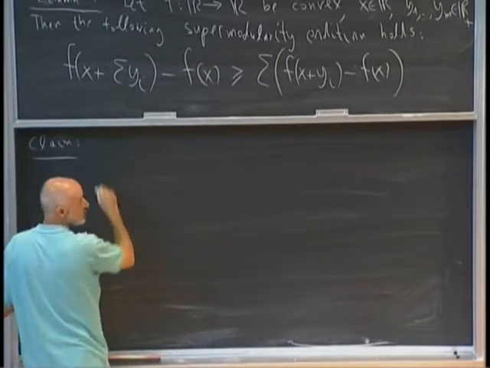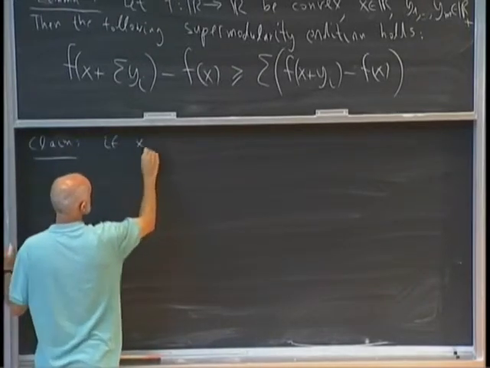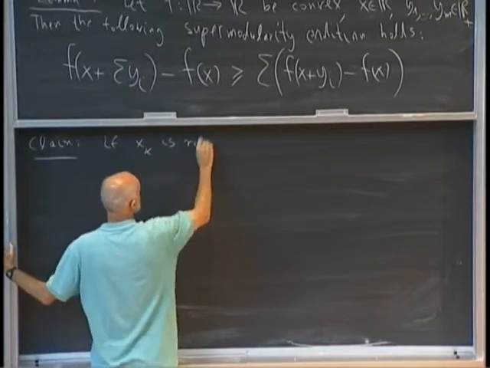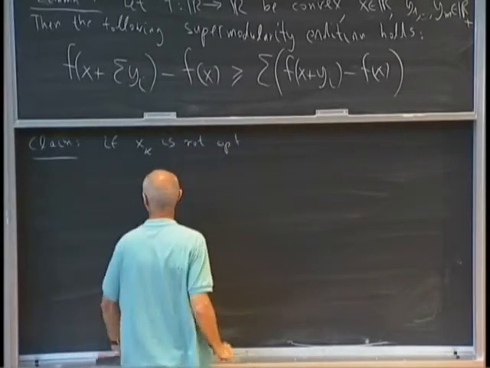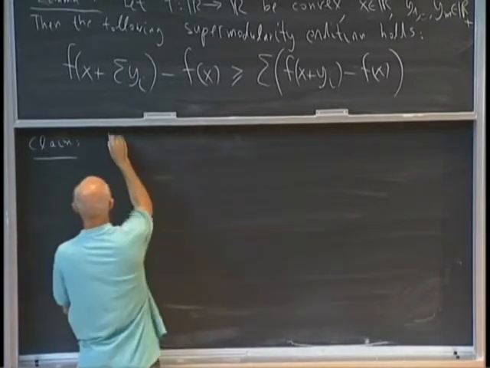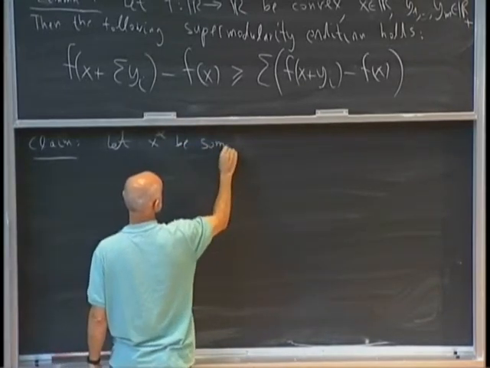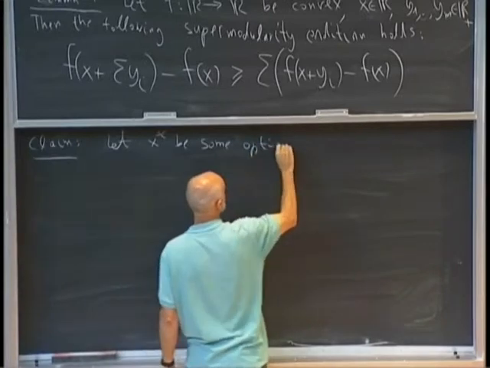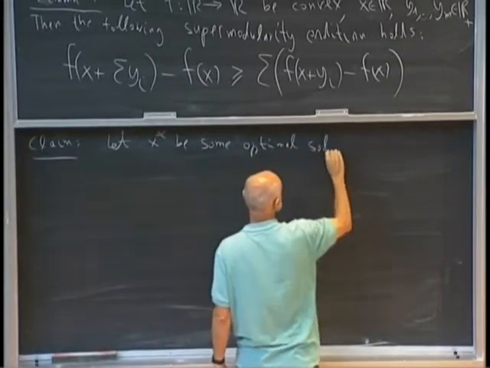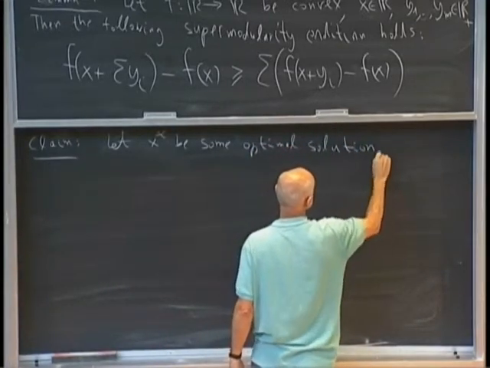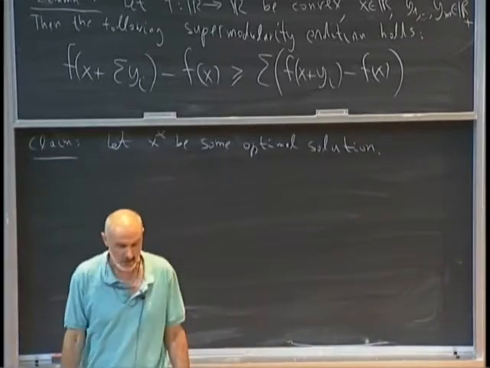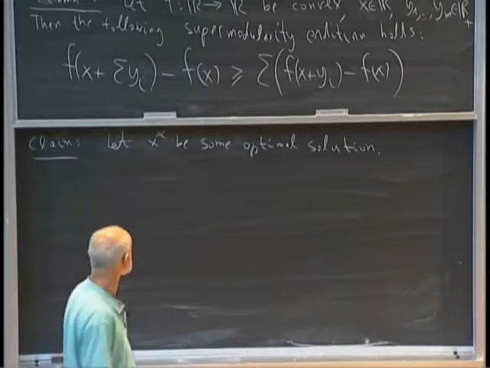As long as the point is not optimal, if x_k is not optimal yet, suppose x star is some optimal solution. So we fix one optimal solution once and for all, and there is one because the S is finite and the problem is feasible.